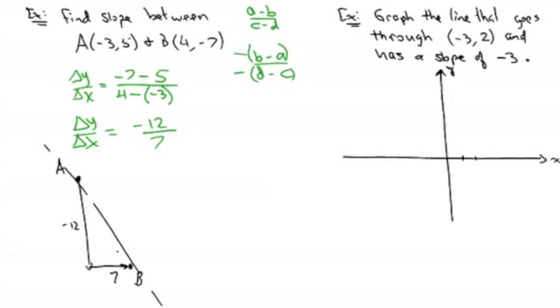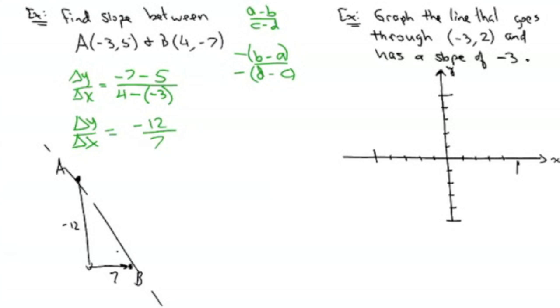I want to make sure they're equidistant from each other. If they're not, the graph might get distorted just a little bit. This is where graph paper comes in handy. That should work. 5 by 5.